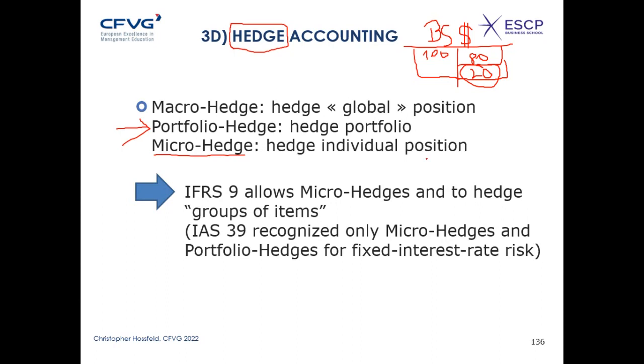And before that, it was even worse, because the accounting standard before that allowed only micro hedges. So there's two questions. First, why is hedge accounting limited to micro hedge? And the second is, what if a company actually uses a macro hedge? What is the accounting consequence?